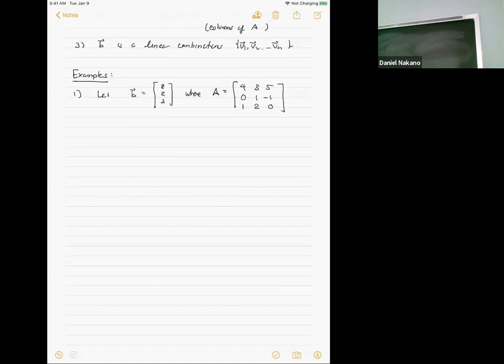So does Ax equals b have a solution? Okay, so that's the first question. I'll ask the second question after we solve this. So to determine whether this has a solution or not, what should we do?